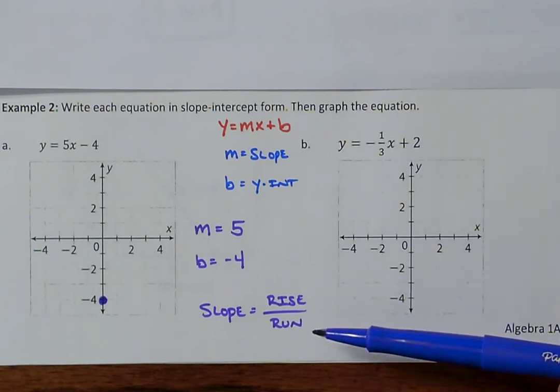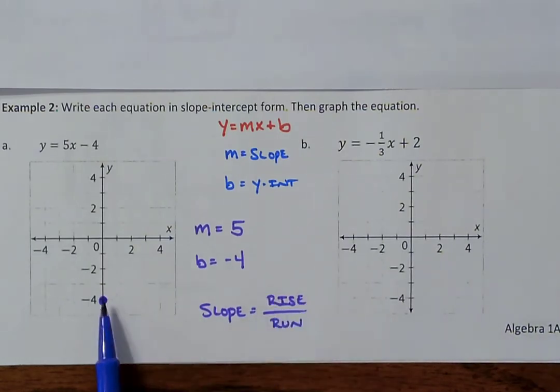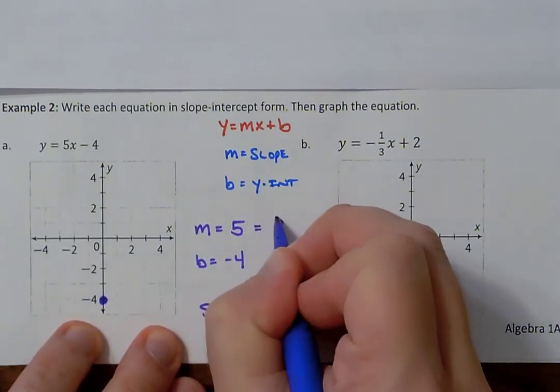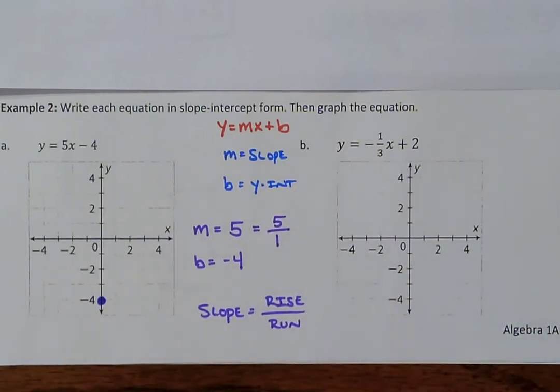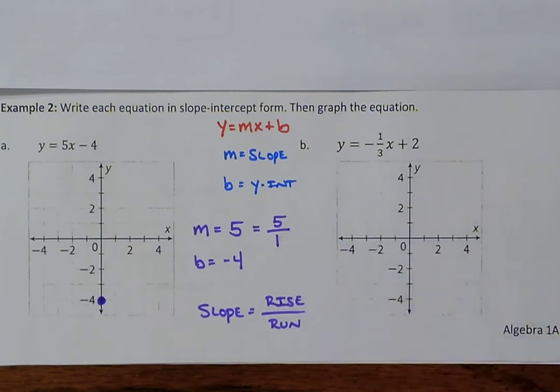For the run, we're always going to go to the right, and I will show you that when we get to another example. So with our slope, we know our slope is 5, but slope is a fraction, so anytime you have a whole number, we're just going to consider that as that number over 1. So this is 5 over 1. That means I need to rise 5 and run 1.